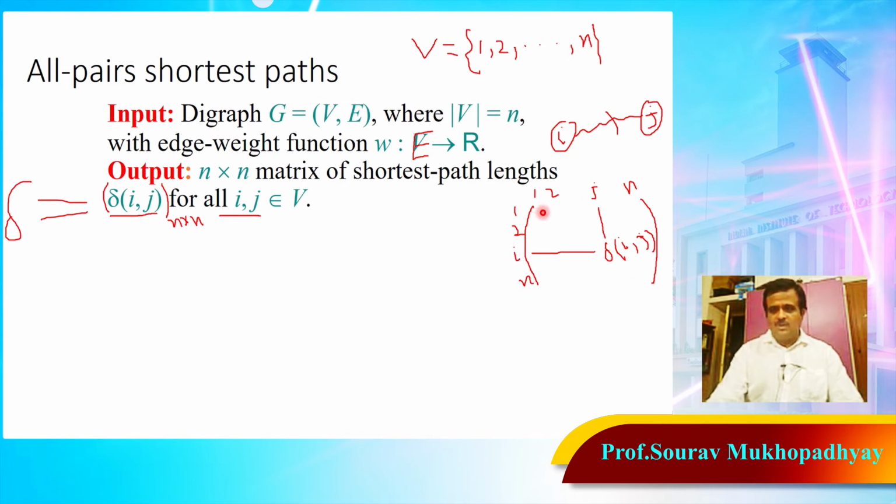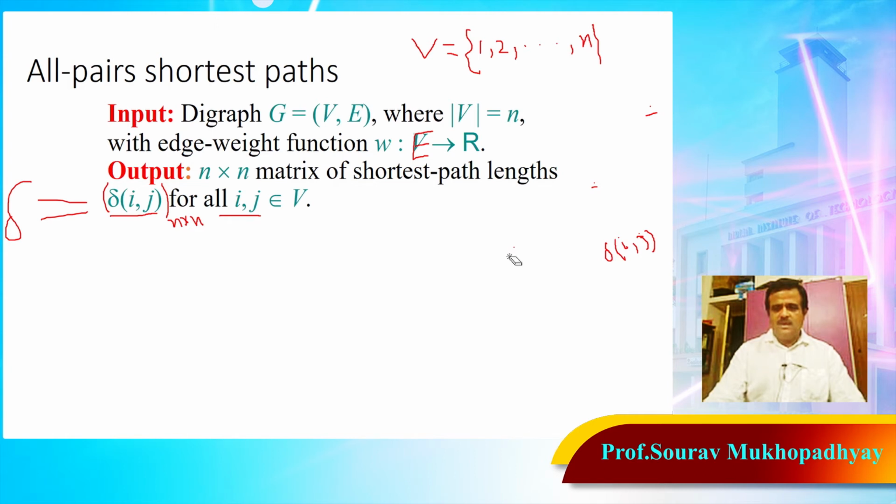So this is delta 1 1, delta 1 2, delta 1 j, delta 1 n, first row, second row, like this. This n by n matrix we need to get.